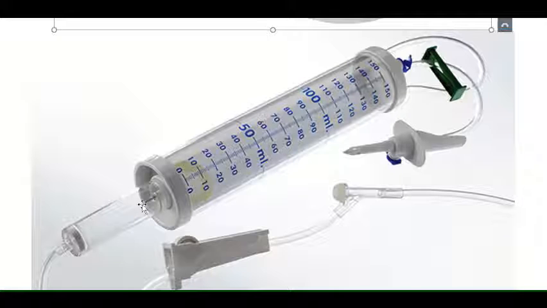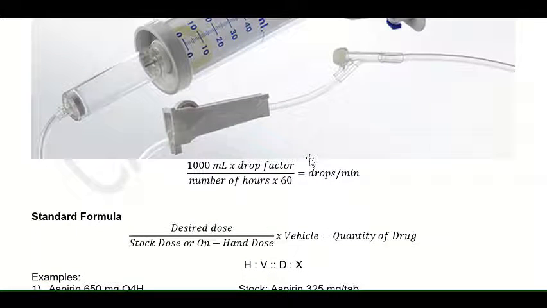And if we want to have additives or medications added to a certain solution, it is done in a volumetric chamber. For example, if you will be giving a norepinephrine drip, I will be mixing plain NSS and norepinephrine inside the volumetric chamber.